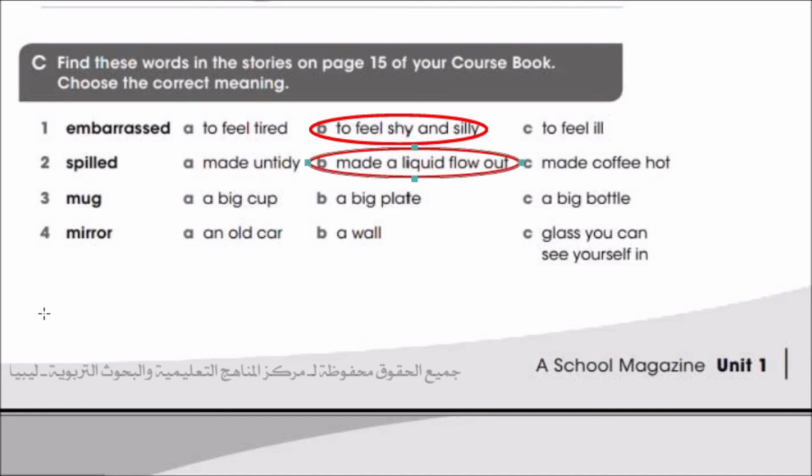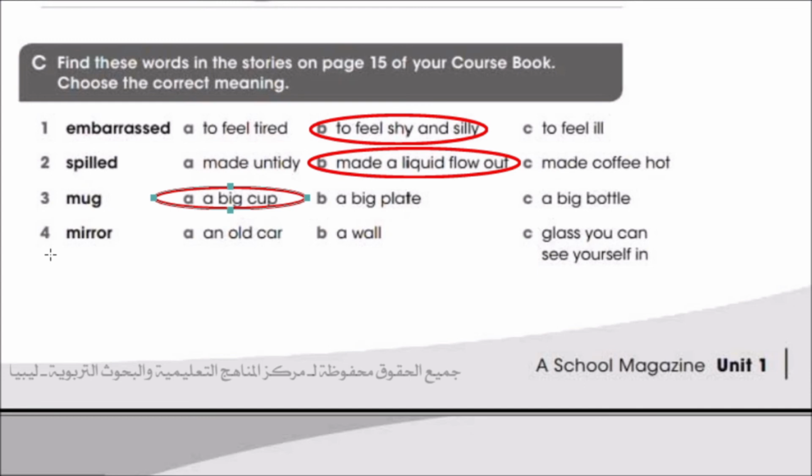Now, number 3. Mug. A. A big cup. B. A big plate. C. A big bottle. Which one do you think it is? Very good. A big cup. Good job.